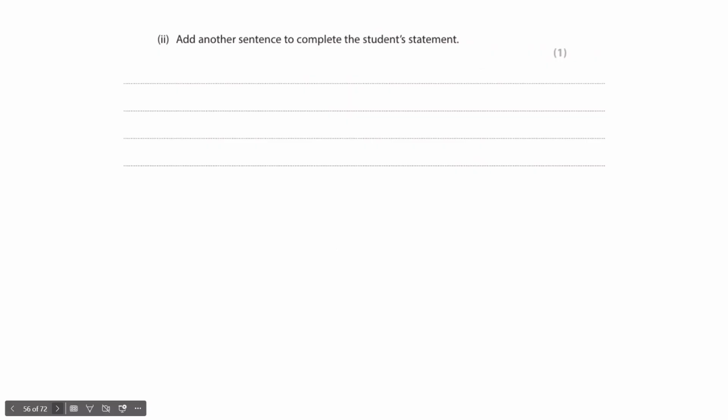So therefore, we can say that temperature decreases after the neutralization point, or you can call it the endpoint.